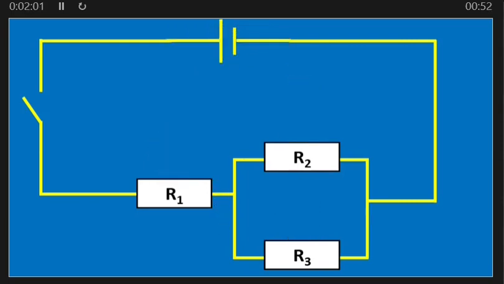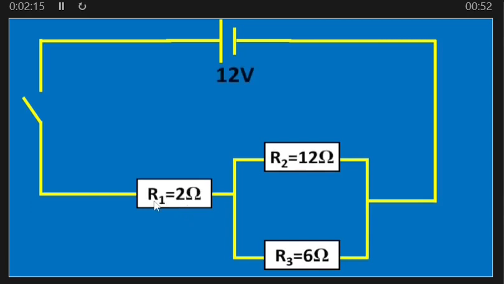So then also, let's say the values of the resistance here are provided, and also the values of the cell here is provided. So let's say these are the values provided: R1 2 ohms, R2 12 ohms, R3 6 ohms, and the cell itself has the voltage of 12 volts.